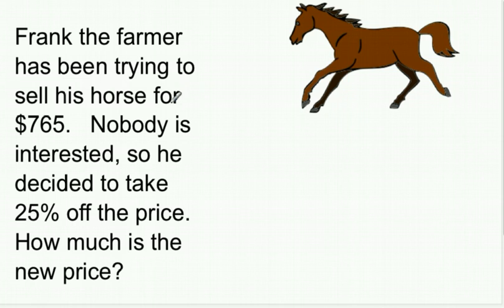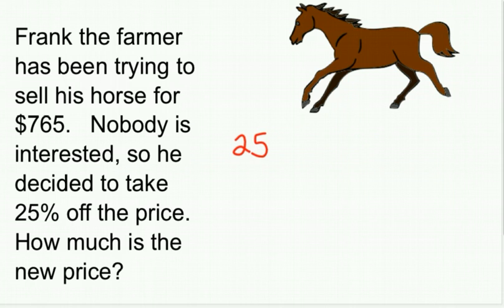Well, here's the situation. Okay, he has a horse for sale that's $765. Nobody's buying it, so he's going to take some money off of the price. He's going to lower the price by 25%. So the situation is this. We want to find out how much the new price will be.